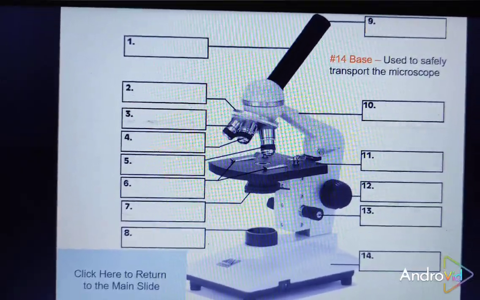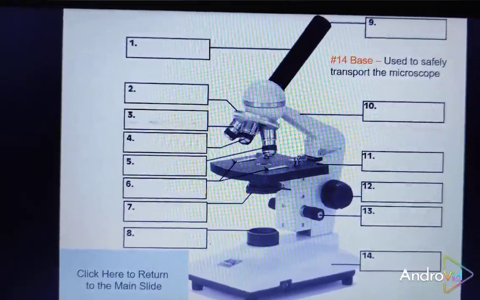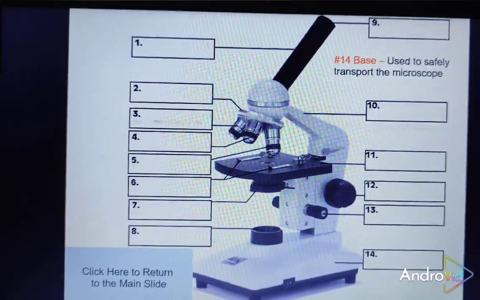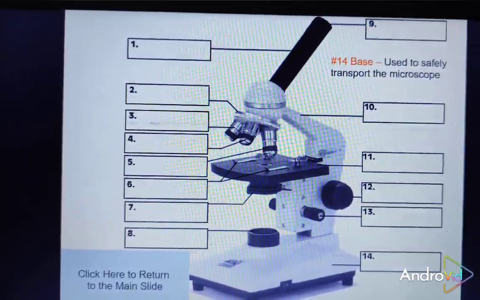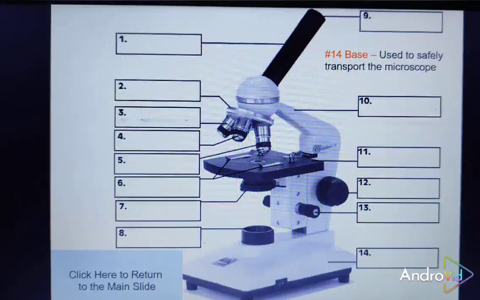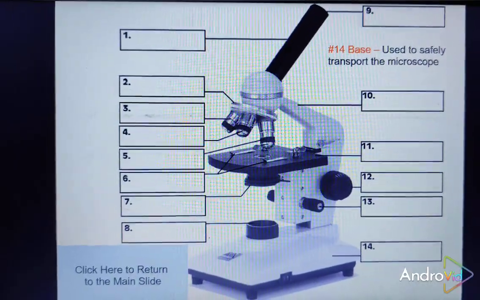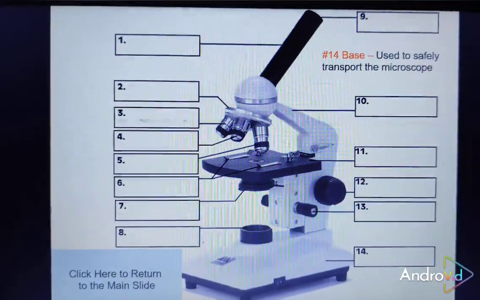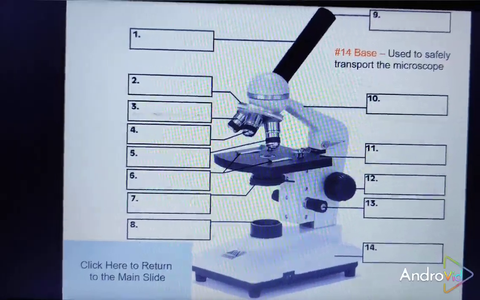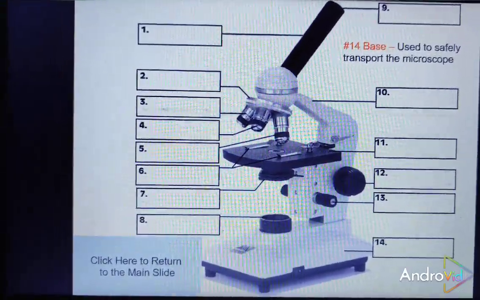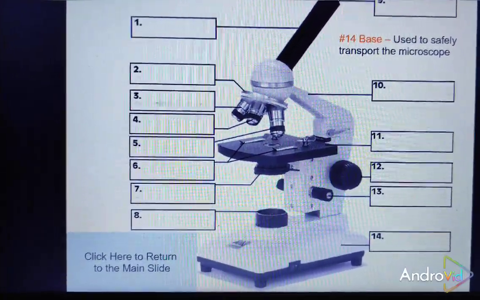You have to clean it properly to avoid dust particles entering the microscope. Cleaning the microscope properly will enhance the shelf life of the microscope and you can visualize the image properly.